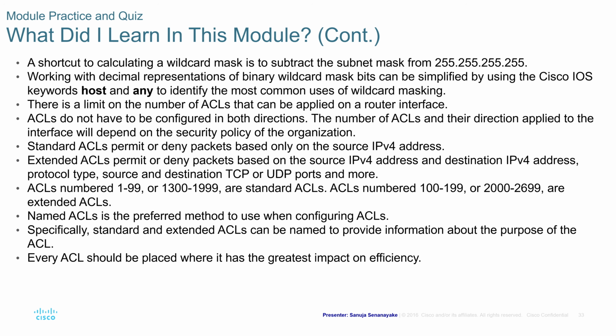We learn that standard ACLs permit or deny packets based only on the source IPv4 address, while extended ACLs permit or deny packets based on the source and destination IPv4 address, protocol type, source and destination TCP or UDP port, and more. We also learn about the ACL numbers that I said you should memorize.